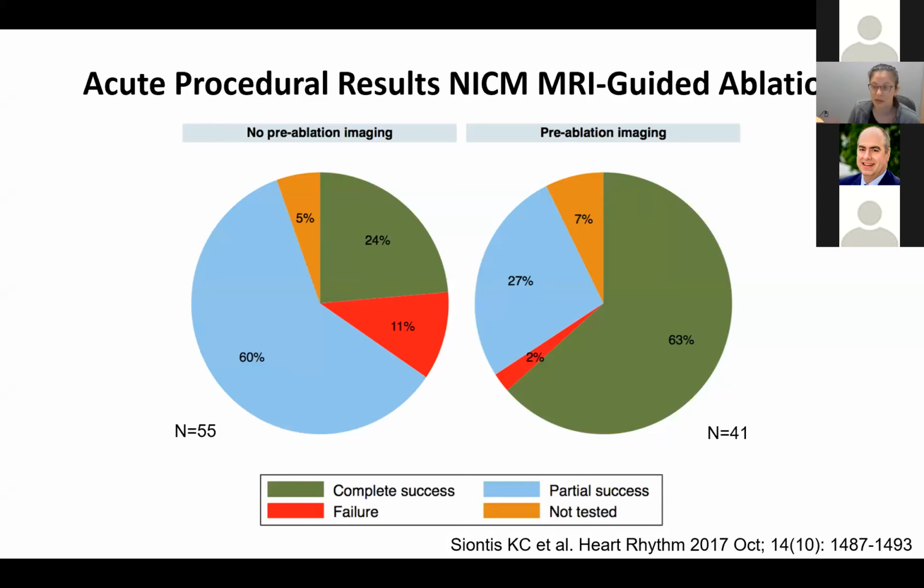His strategy was to aim at the scar substrate and do long lesions at high wattage power delivery. He compared that to a historical control that had no pre-ablation imaging. Looking at the success rates in somewhat matched patients, he was able to improve his success rate to about 2/3 from only 24%, which seems like a strategy that makes some sense.